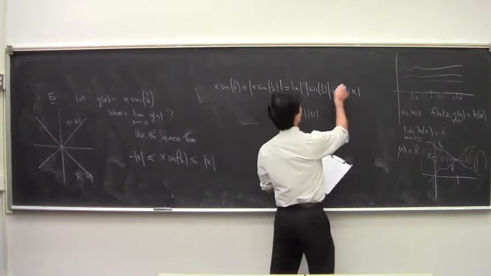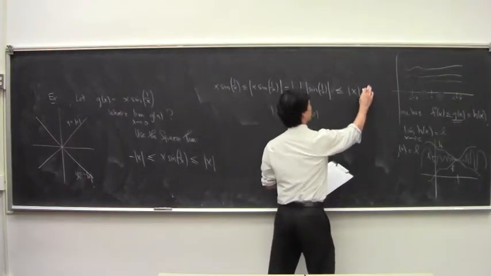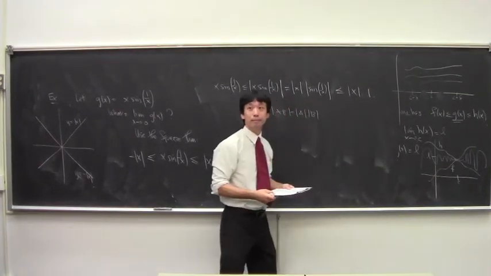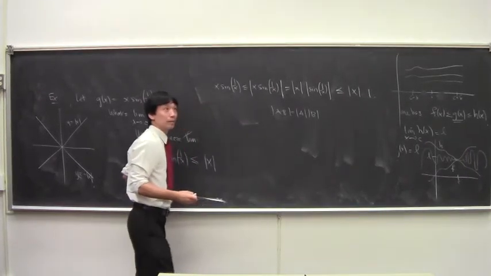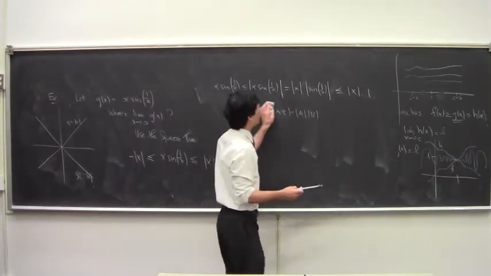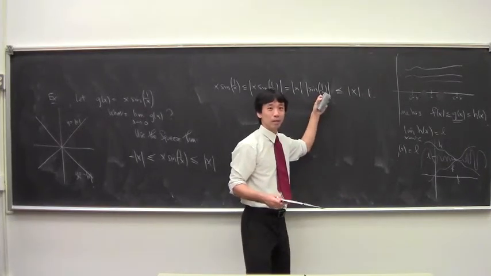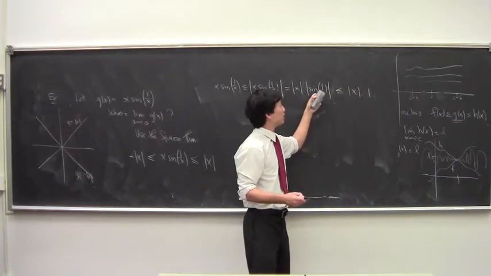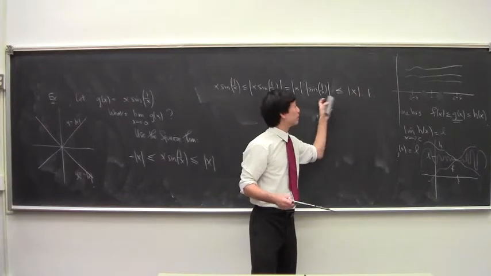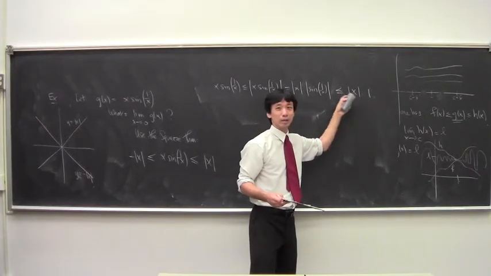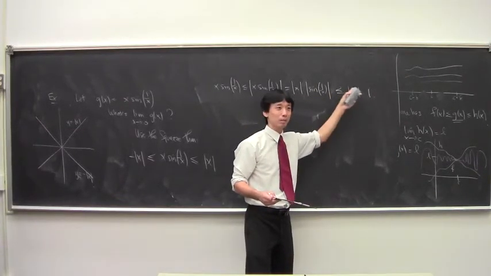So I'm going to replace this thing by 1, by something bigger. I'm multiplying by something bigger and saying this thing is smaller than that, because I replaced the second factor by something larger.